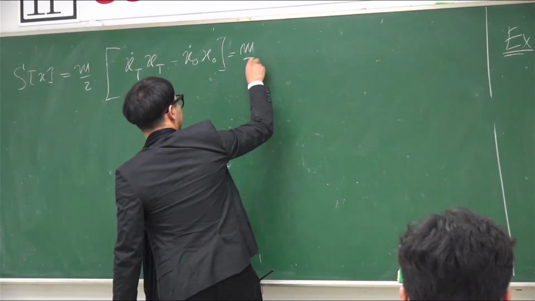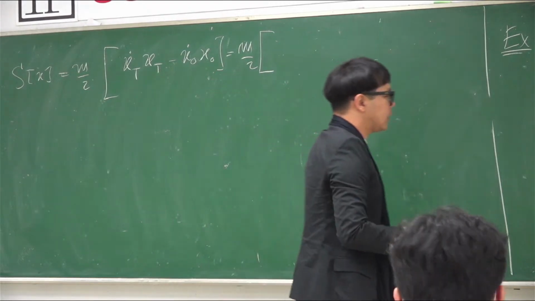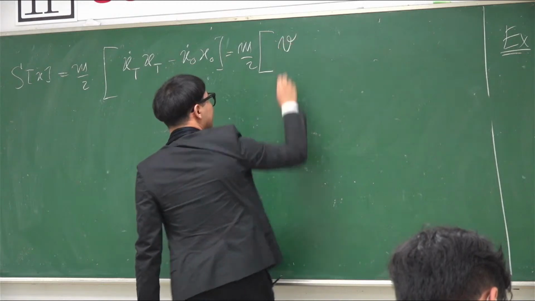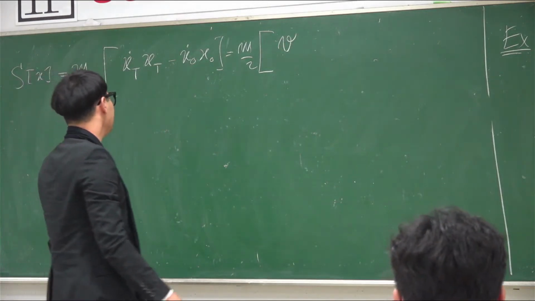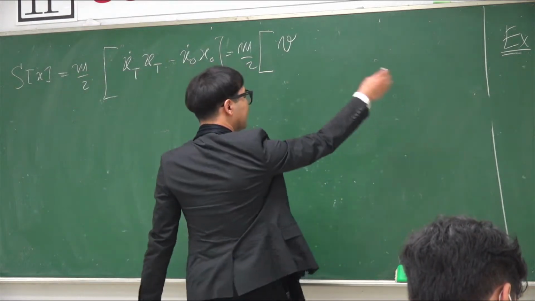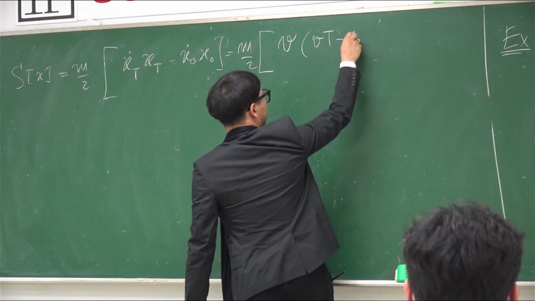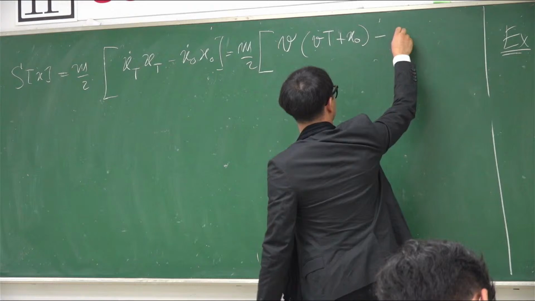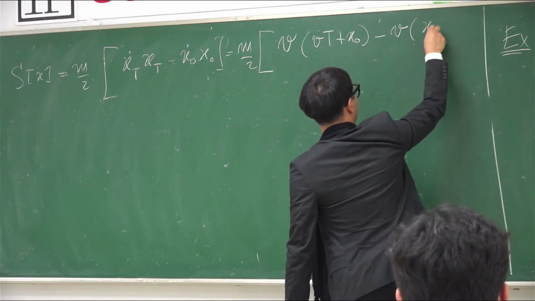What you get is that x dot at T is nothing but v, because it's constant, right? Velocity is constant. So x dot T is v T plus x naught, times v, minus x naught v again, and all the x naught.